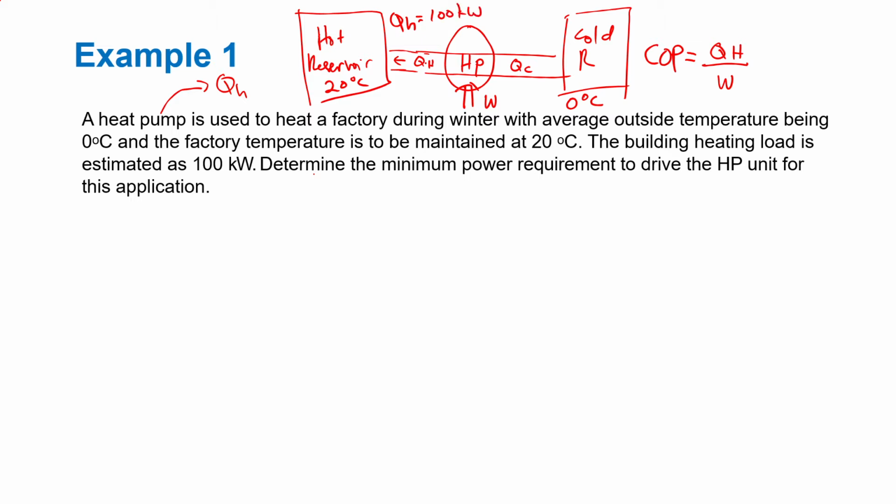Determine the minimum power requirement. So what is the W required to drive the heat pump unit for this application? Minimum power, W min, is when you have COP max.